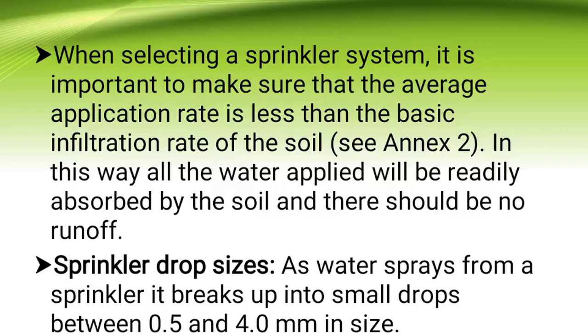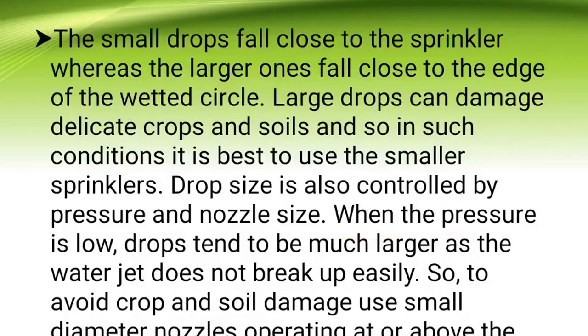Sprinkler drop sizes. As water sprays from a sprinkler, it breaks up into small drops between 0.5 and 4 millimeters in size. The small drops fall close to the sprinkler whereas the larger ones fall close to the edge of the wetted circle.